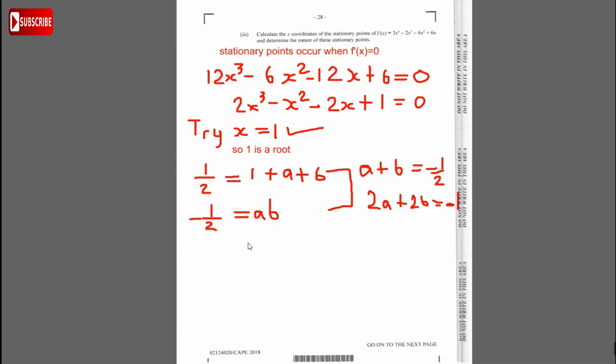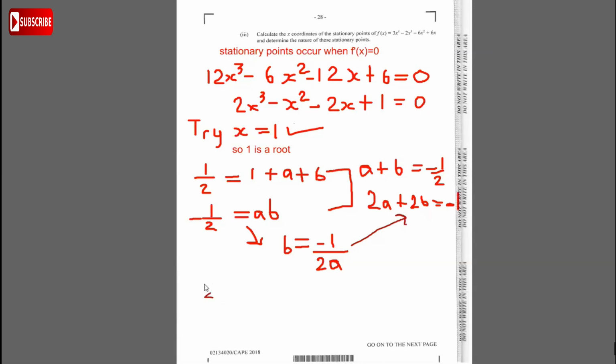And from the second equation, I can divide through by a. So I'm getting that b is equal to minus 1 over 2a. So these are the 2 equations I have now: 2a plus 2b equal to minus 1, and b is equal to minus 1 over 2a. So I'm going to plug this equation into the other equation.